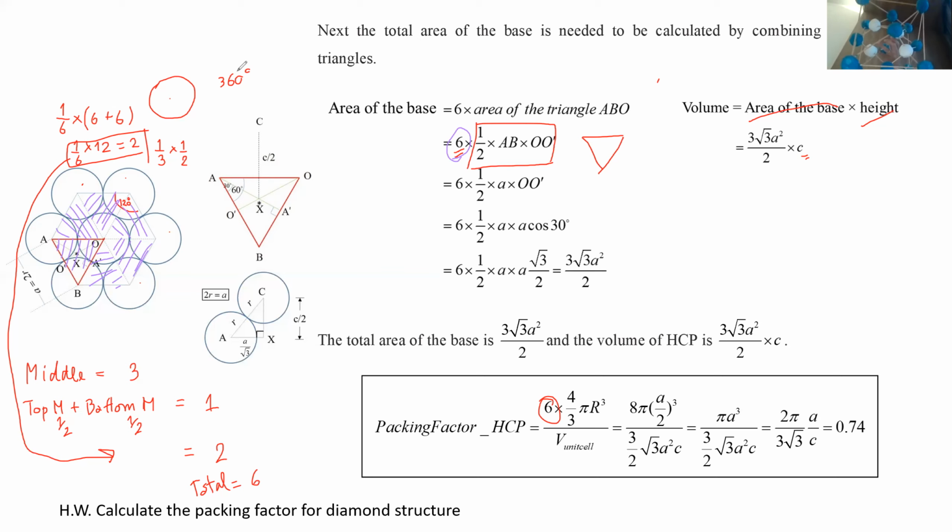Do you see? So if you see this, right? I rotate around, okay? For diamond structure, all the colors here, right? All the colors, the blue and the white color is what? Is carbon, okay? It's carbon.